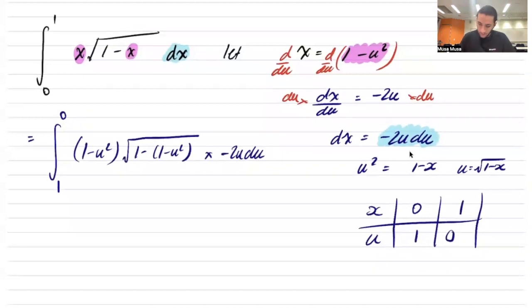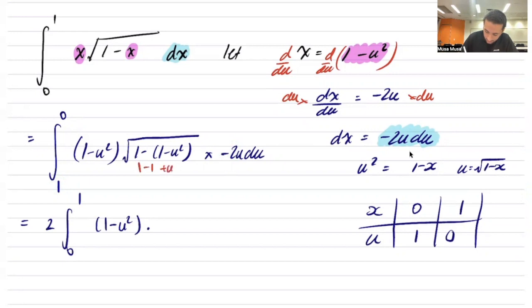So let's just clean this up, particularly clean up the inside. This negative 2, we can take it out. In fact, this negative, I'm just going to use to swap these and make that 0 and 1. It's going to be 2, 0 to 1, 1 minus u squared times 1 minus 1 plus u squared. And then we're going to be taking the square root of u squared. So I'm going to write that in here, actually. Times u du.